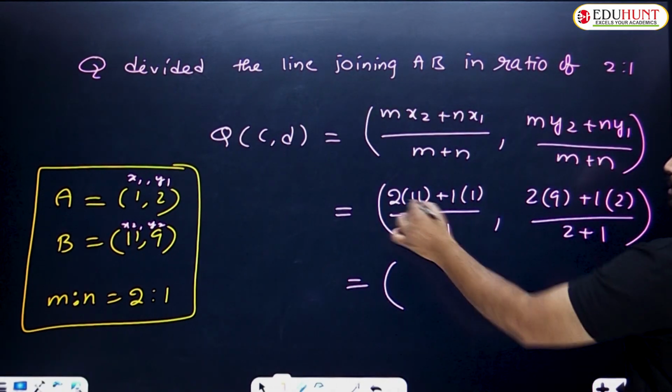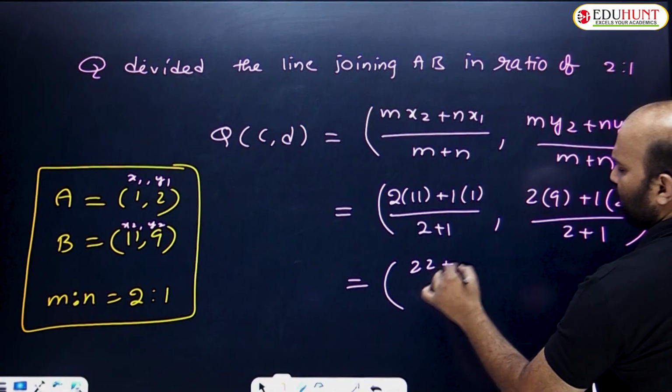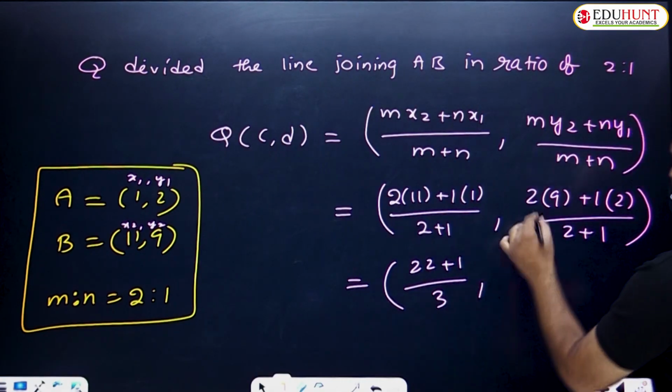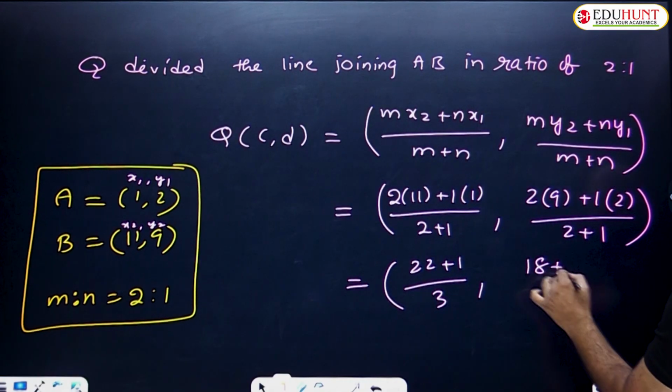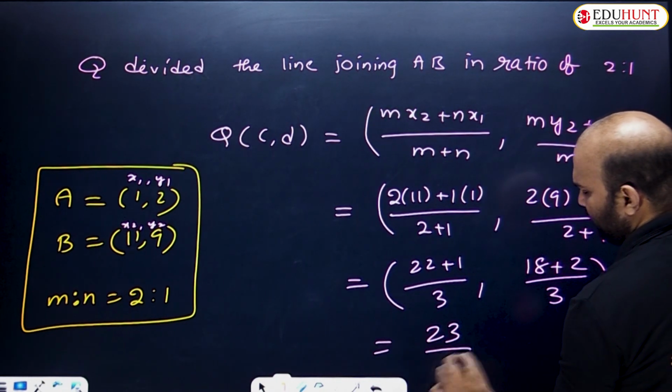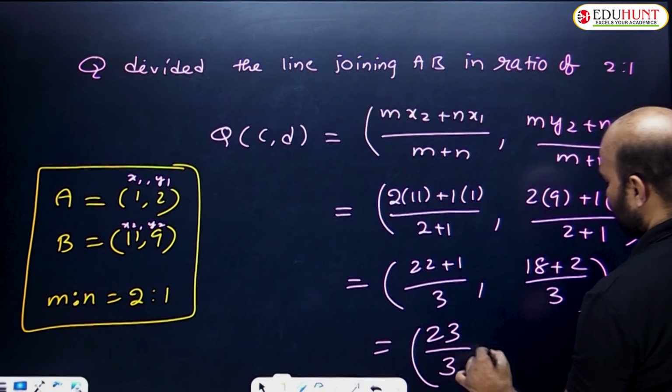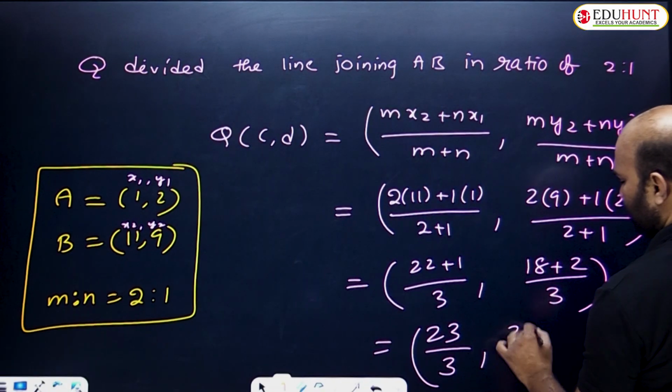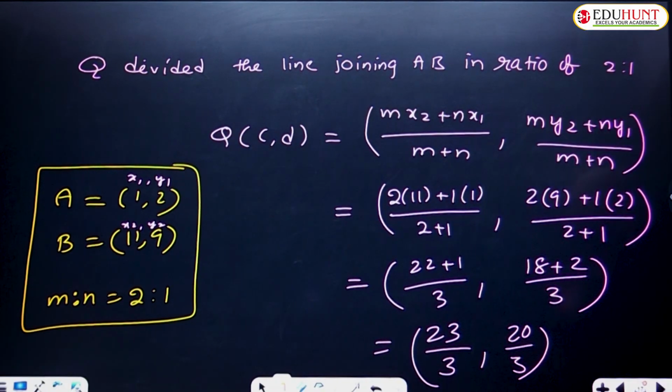Therefore it can be written as 2 into 11 is 22 plus 1 into 1 is 1, by 2 plus 1, 3, comma, 2 into 9 is 18 plus 1 into 2 is 2, by 3. So finally you are getting 23 by 3, 22 plus 1, comma 18 plus 2, 20 by 3. So these are the Q coordinates.